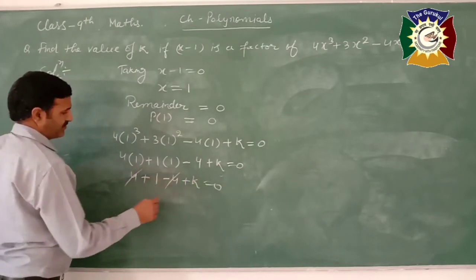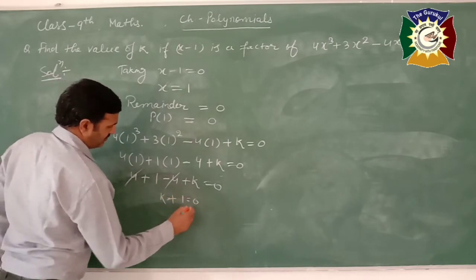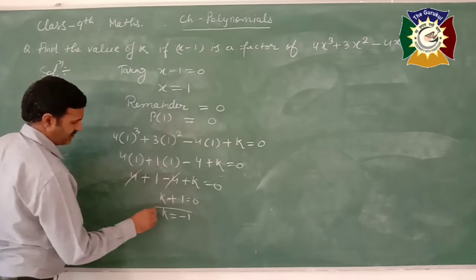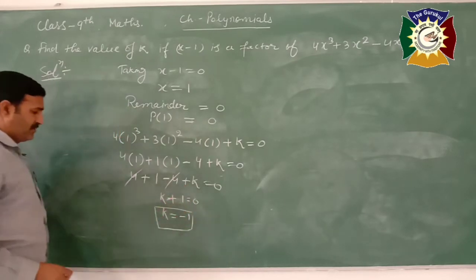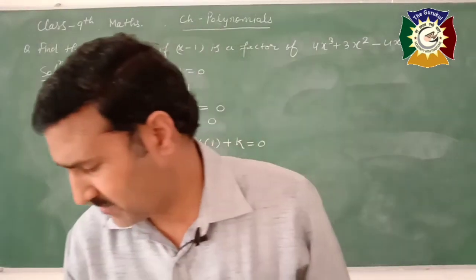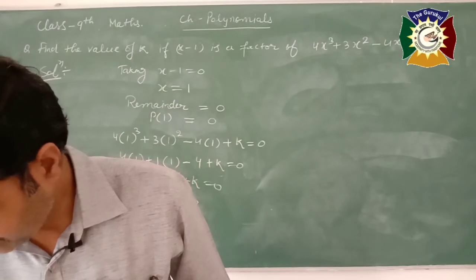Plus 4 minus 4 cancelled, so k plus 3 is 0, then the value of k is minus 3. So we can find the value of an unknown constant by using the factor theorem.